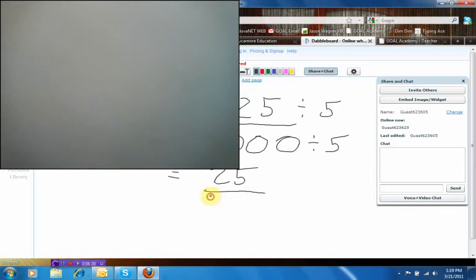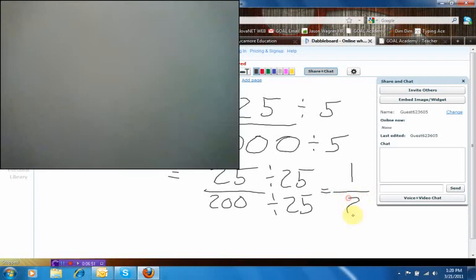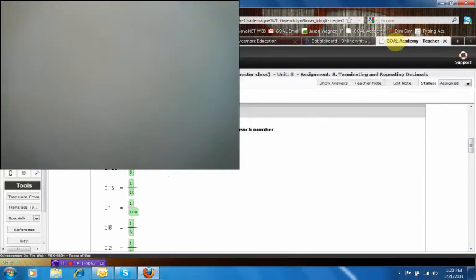And then we can reduce that one again, right? So if we divide both of them by 25, we end up with 1 over 8. So does that make sense?